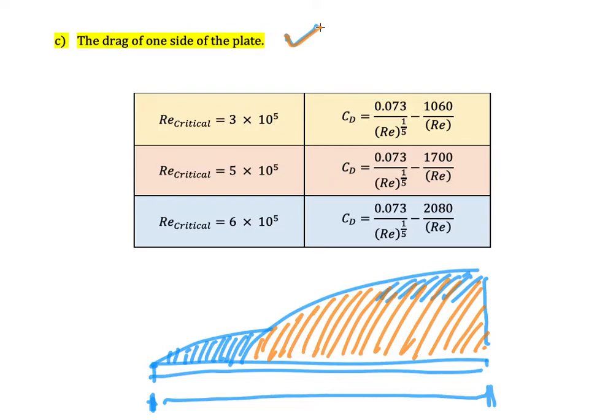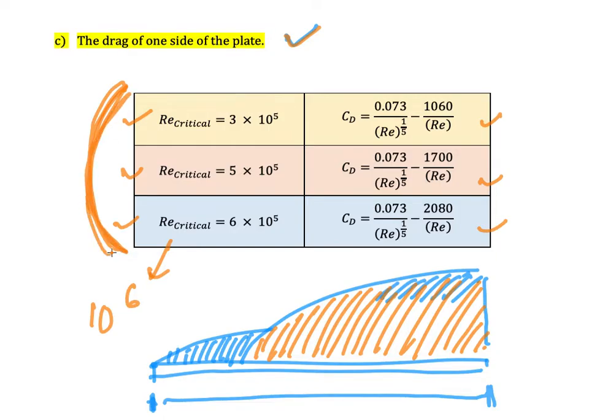And then, according to the notes I gave you previously, we have a table like this. You need to check what your critical Reynolds number is, and then you could choose the equation to calculate the drag coefficient. However, in our question here, our critical Reynolds number is 10 to the power of 6, which is not in this table.